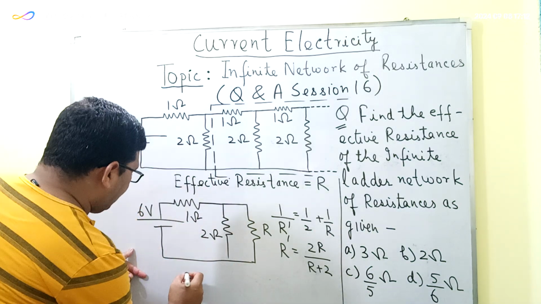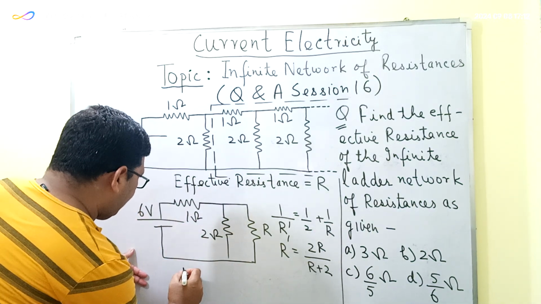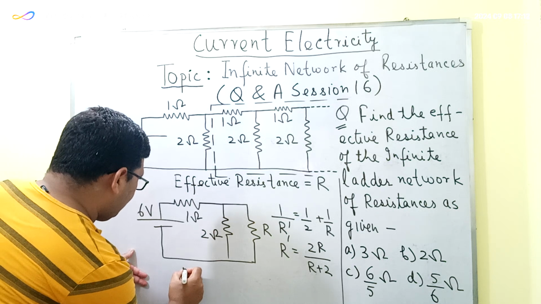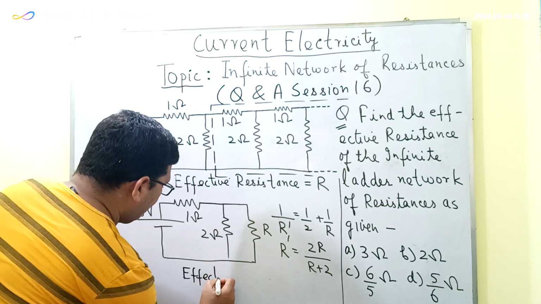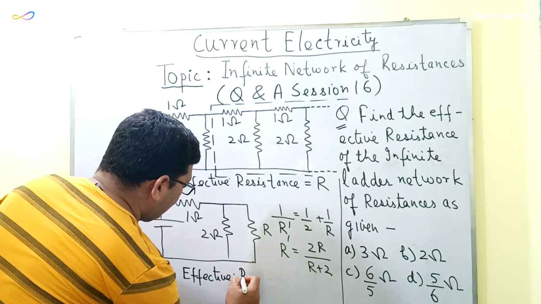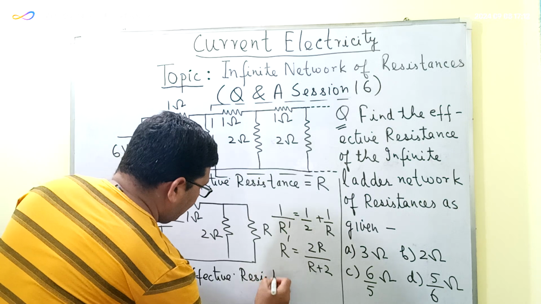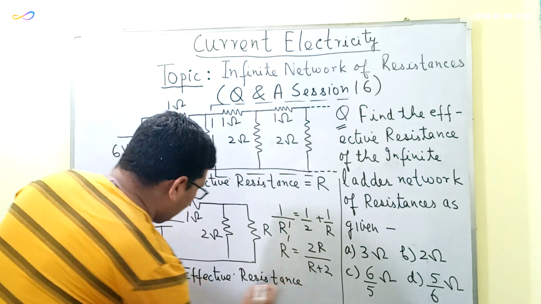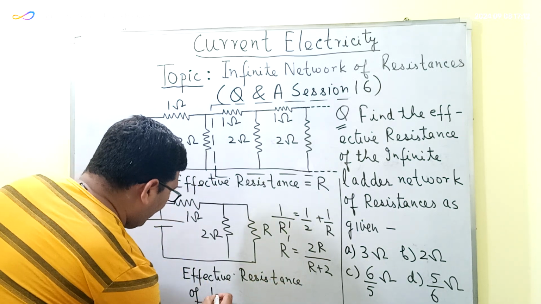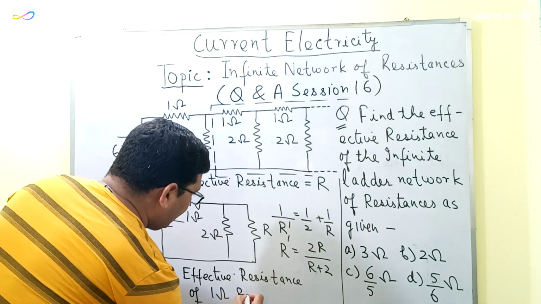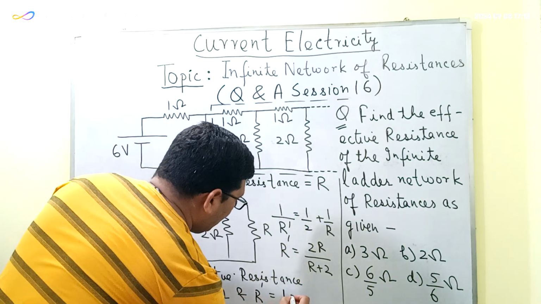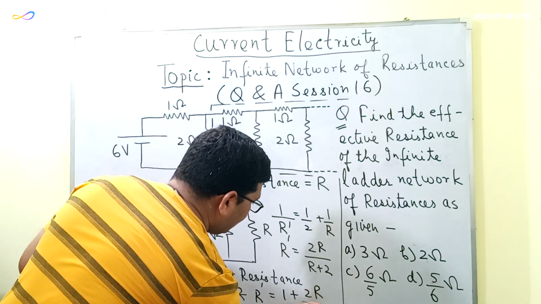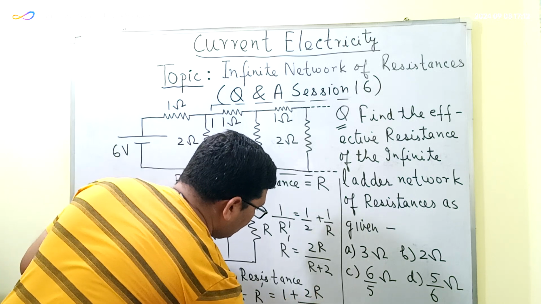So the effective resistance of the 1 ohm resistor and R dash is going to be equal to 1 plus 2R divided by R plus 2.